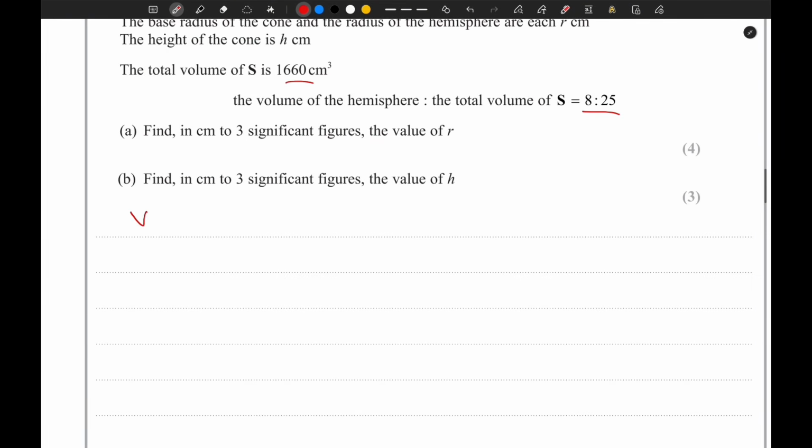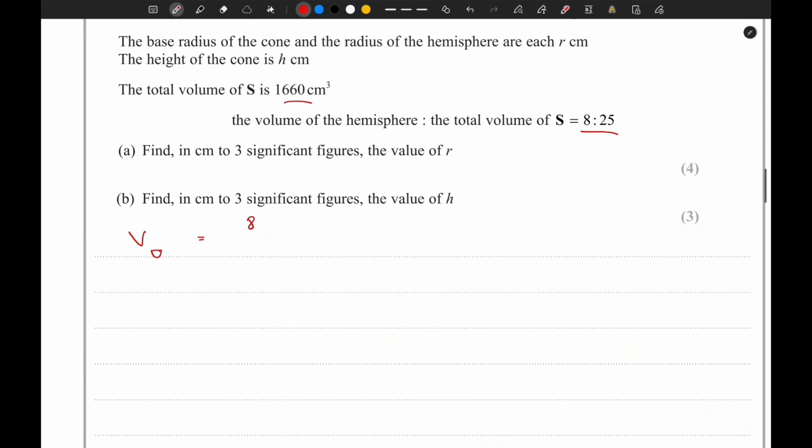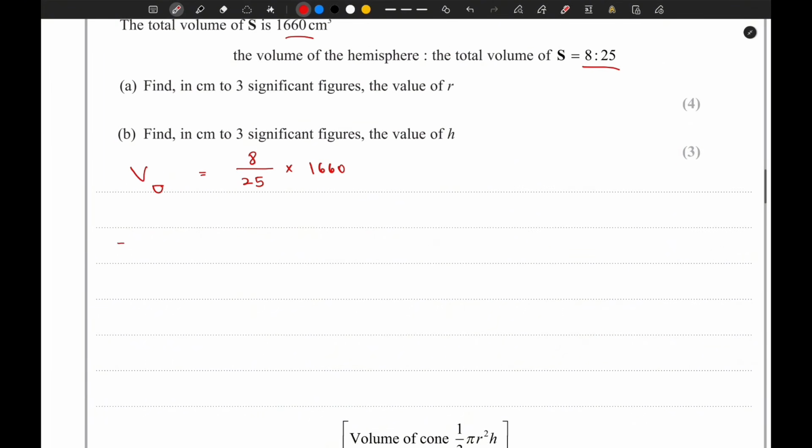So we can say that the volume of the hemisphere is 8 over 25 multiplied by the total value, which is 1660. Now we can say it like this also: the volume of a sphere is 4 by 3 pi r cube, and the hemisphere would be half of that.